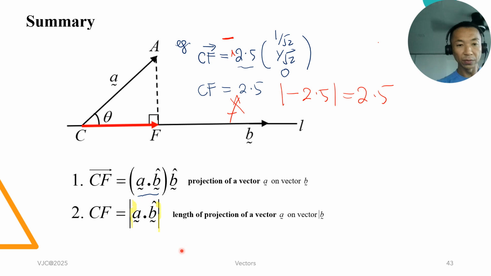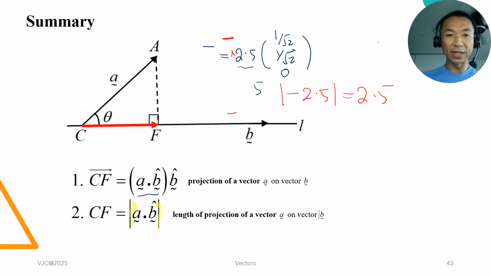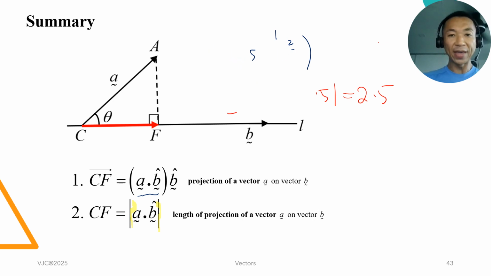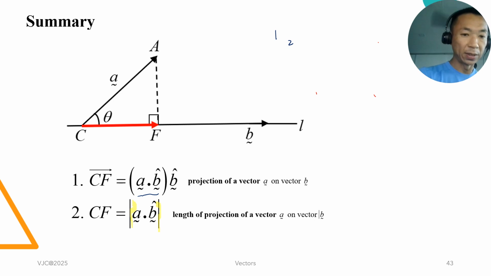There's something else I want to discuss. The third thing is this. What if I have all these vectors and I want to find the vector FA, this one? The vector FA has no shortcut. In order to find FA, it's very simple.